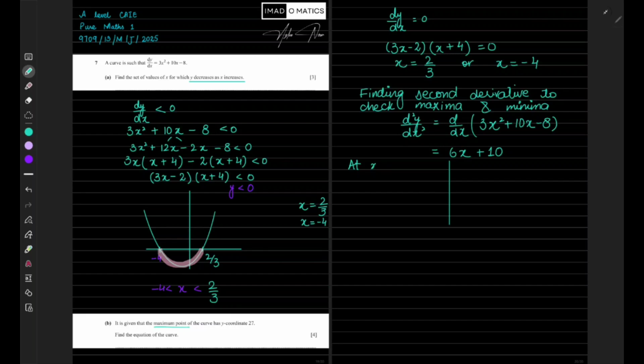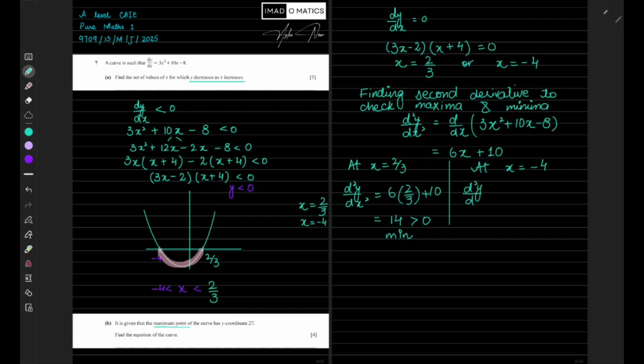At x equals 2 over 3, the second derivative is 6 times 2 over 3 plus 10. So 4 plus 10 is 14. So that is greater than 0. So here is a minimum.